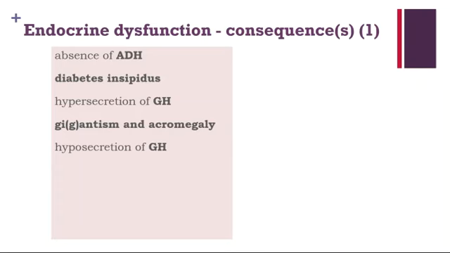Hyposecretion of GH before puberty would bring on dwarfism. A deficiency in TH in newborns would cause cretinism.